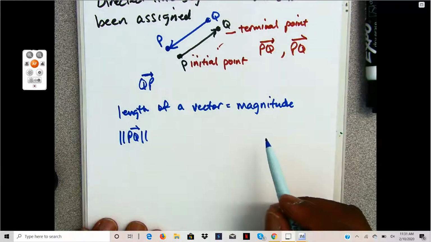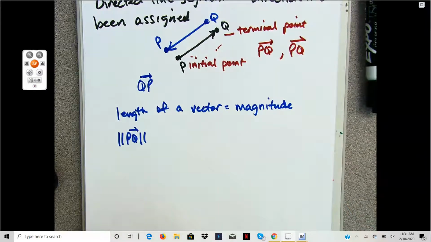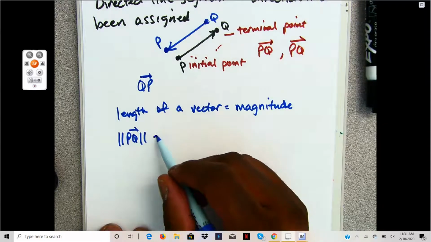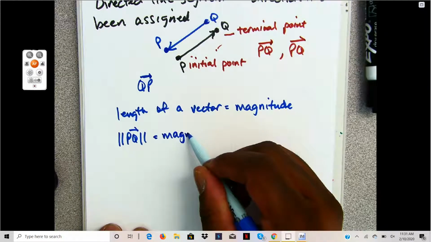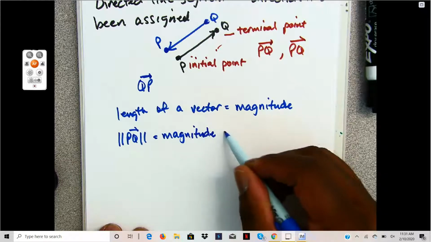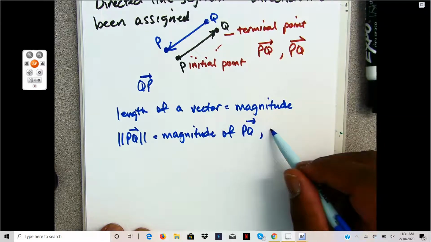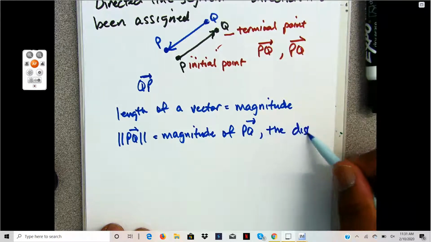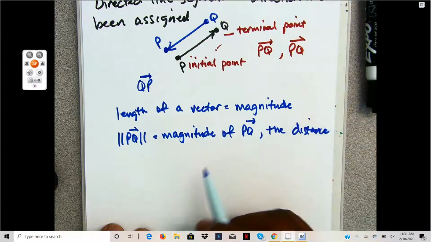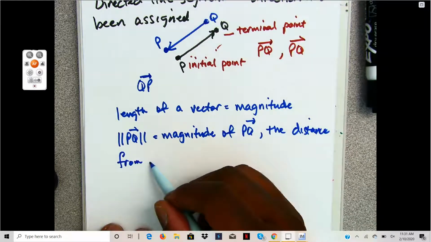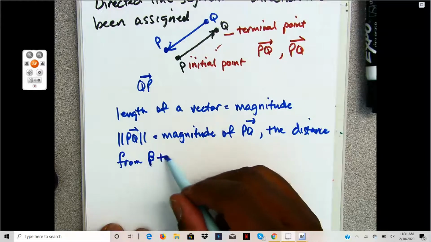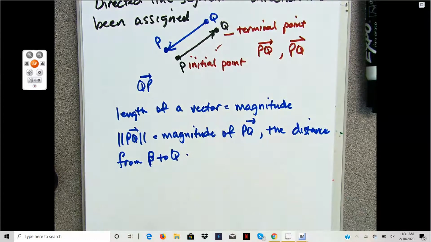You remember in polar we had modulus, and we also had the absolute value. It satisfies the same thing there. It's the magnitude. So this is equal to the magnitude of vector PQ. It is also the distance from P to Q.